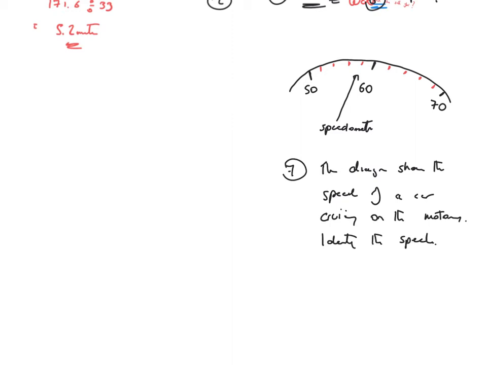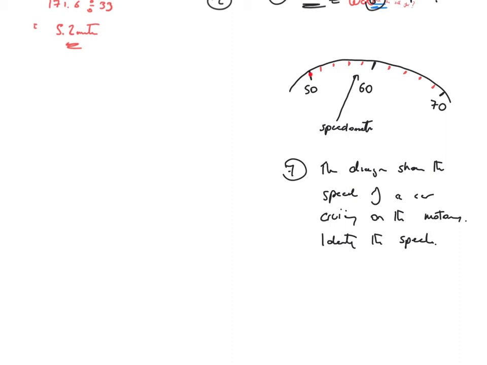Okay, pretty straightforward. There's 50 miles per hour, 60 miles per hour, 70 miles per hour. Between 50 and 60 we're going up in smaller divisions. Between 50 and 60 there are 5, and between 60 and 70 there's also 5. So each bit must stand for 2.